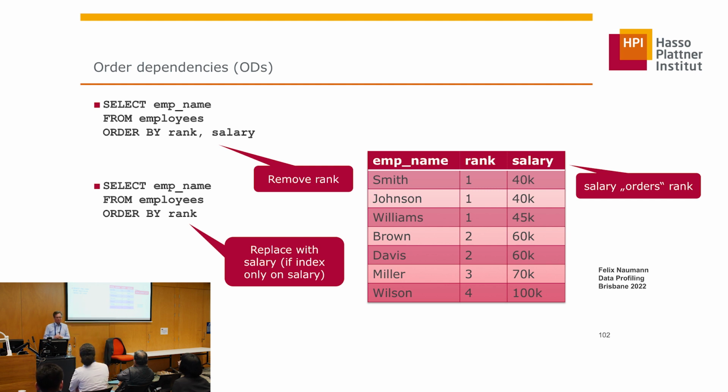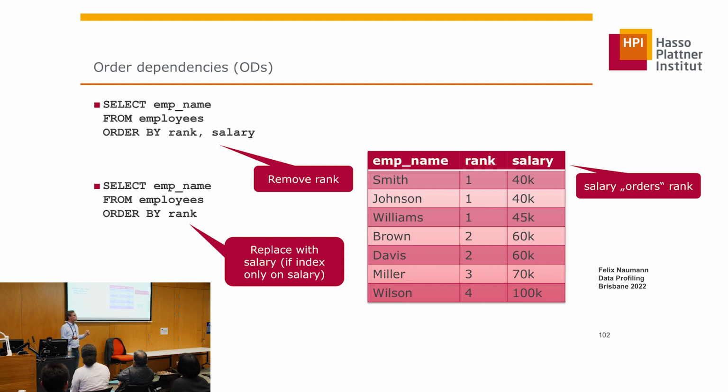And they are not very frequent. If you look at any data set, you'll find one or two, not hundreds of thousands, right? So it's a pretty strict thing that we want to say. But once you have found them, you could, again, do some pretty cool query optimization, in particular if they involve order. So that's your table, that's your query. You're looking for employee names ordered by rank and salary.